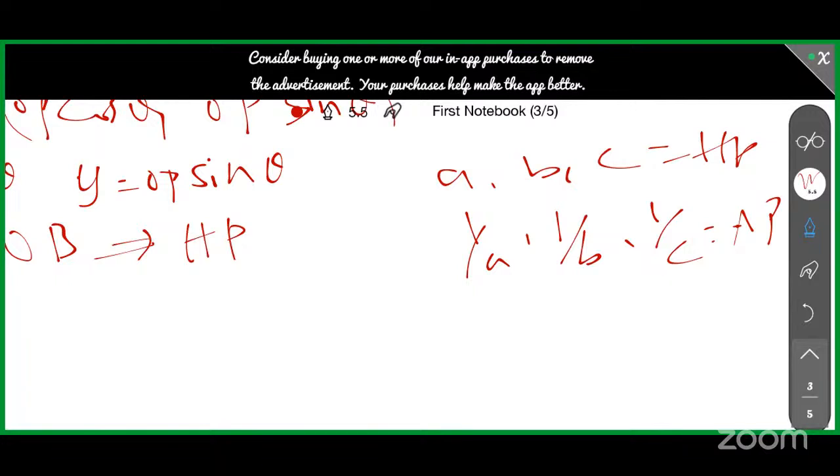Think about what you studied in class 10. When three terms are given, how are two consecutive terms related? 1 by A plus 1 by C is equal to 1 by 2B.